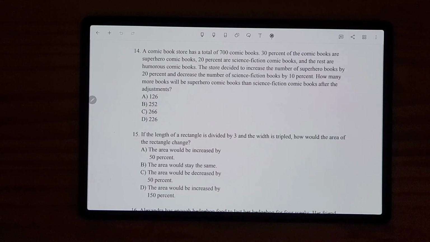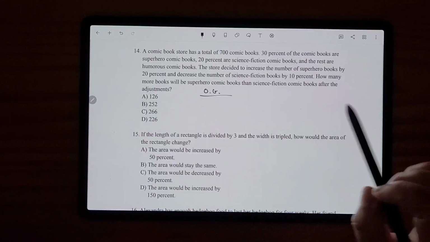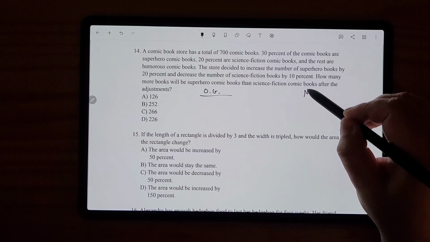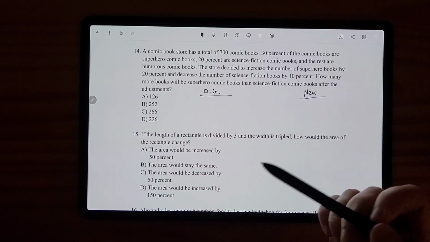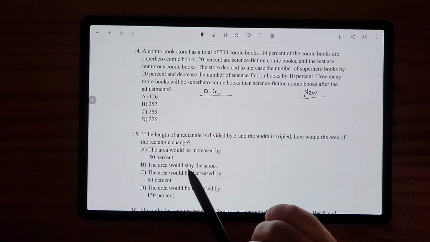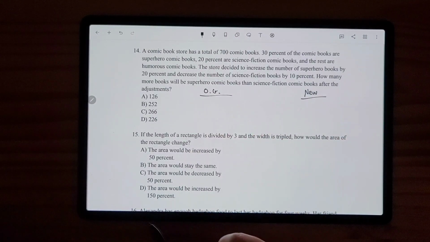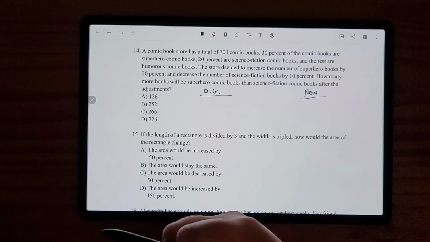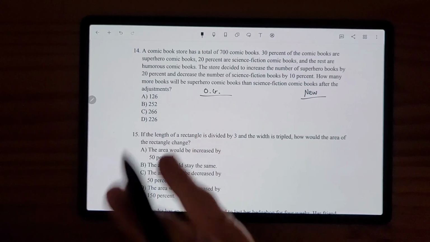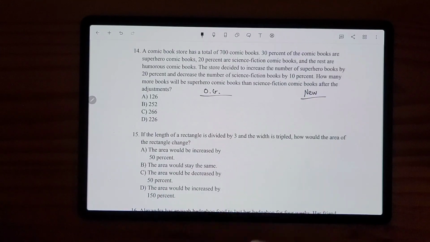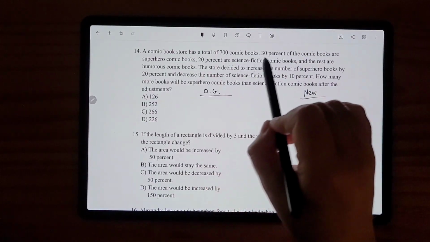Okay, so let's try number 14. Pause to read if you haven't already. So let's start with the original scenario, and then we're going to go to the new adjusted scenario. For the original scenario, they had a total of 700 comic books. 30% of those are going to be superhero comic books. So if I want to know how many comic books, I'm finding 30% of 700.